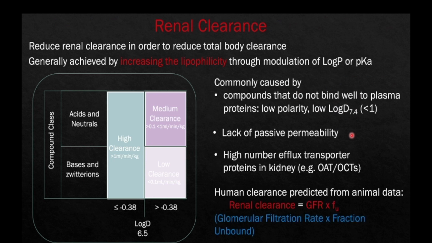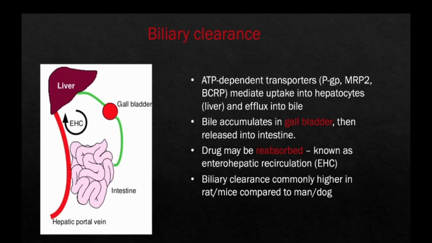Human clearance is predicted from the animal data, so renal clearance equals GFR times fraction unbound, where GFR is the glomerular filtration rate. Both rat and dog data are used, and acids and zwitterions are best predicted from dog models.